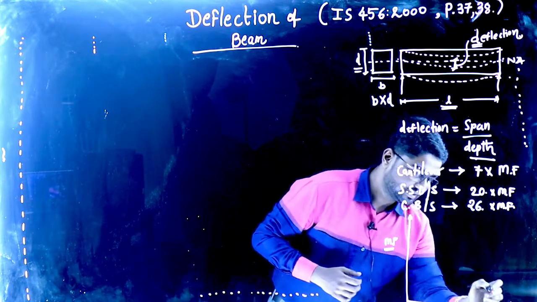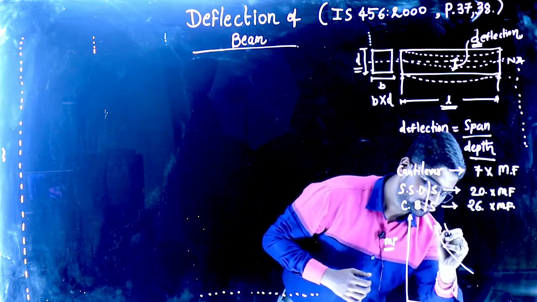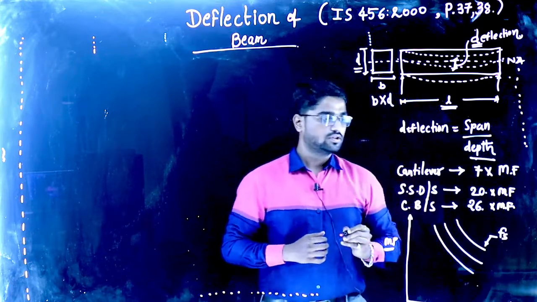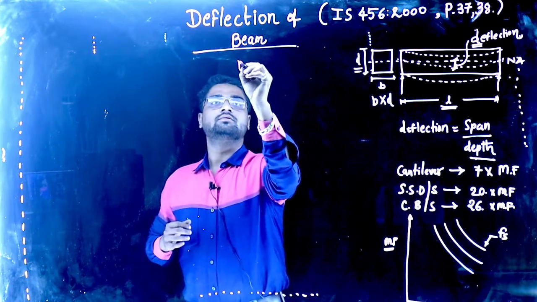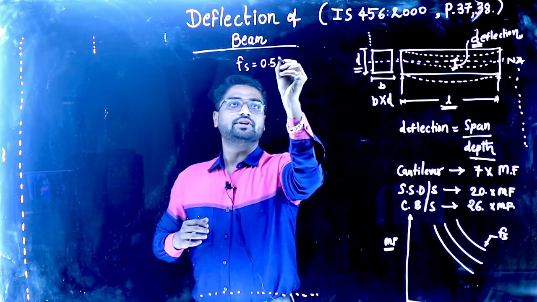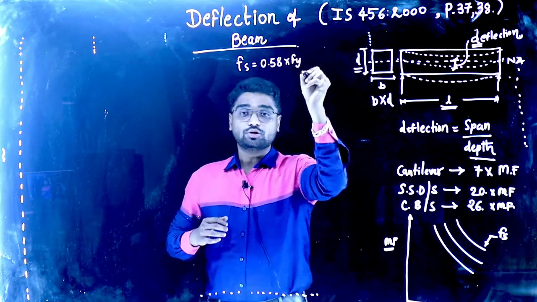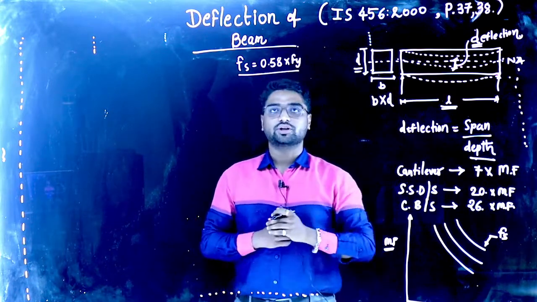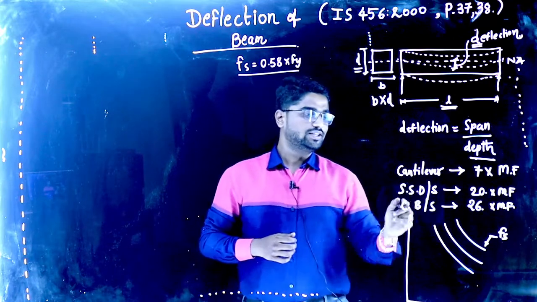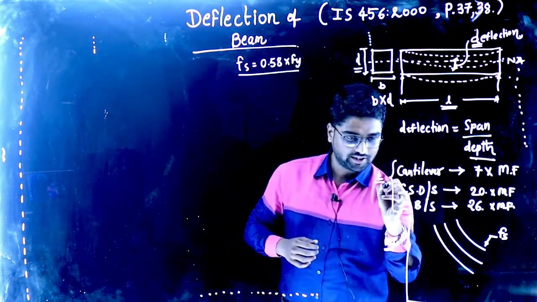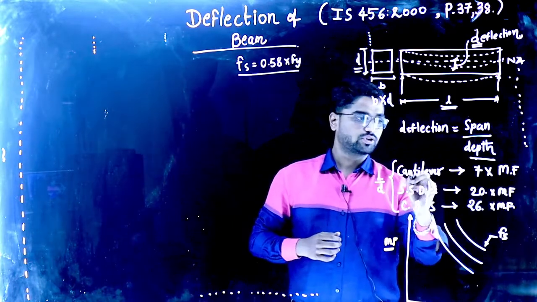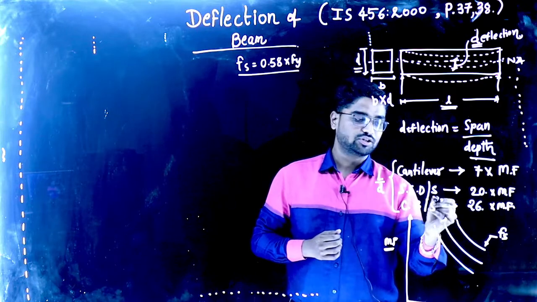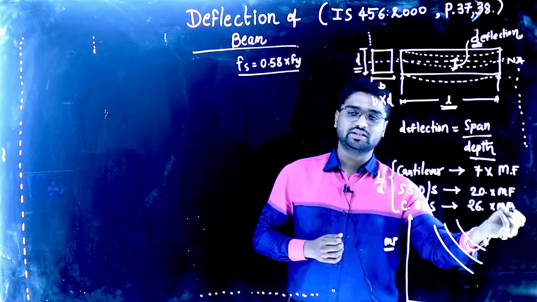In this graph, there are some curves of Fs, and Fs can be calculated as 0.58 Fy into AST required by AST provided, which will cancel. So we just consider Fs as 0.58 Fy. So for these three criteria, L by D ratios are given like this: for cantilever 7 into MF, for simply supported beam or slab 20 into MF, and for continuous beam or slab 26 into MF.